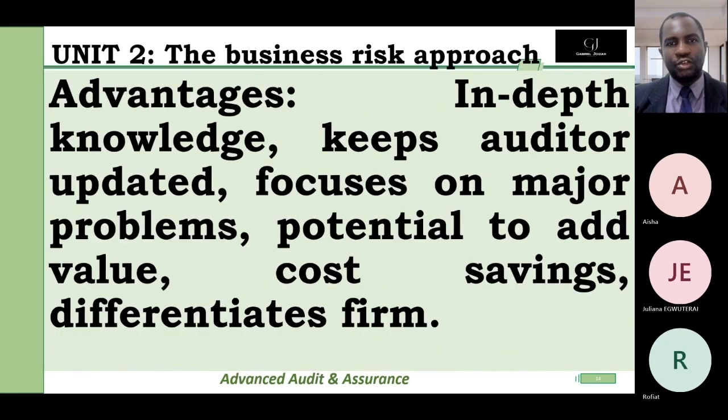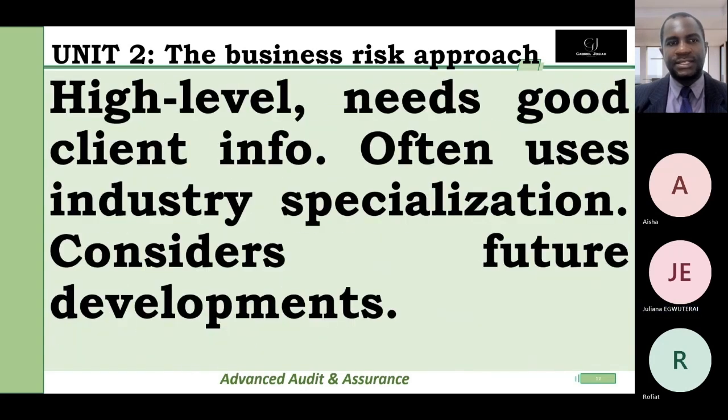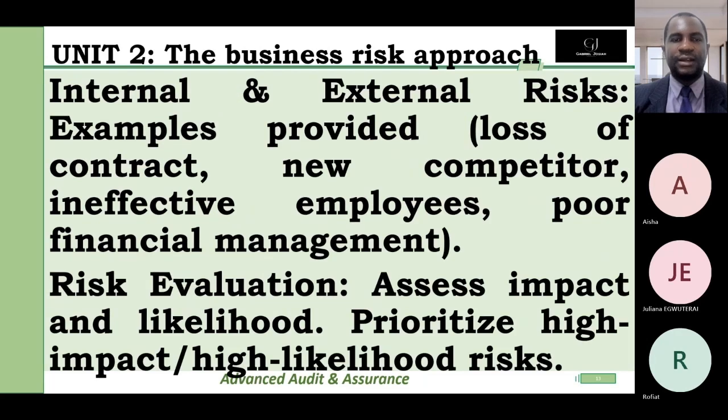Okay, so speaking to the internal and external risks that may bedevil a company, we're looking at examples like loss of a major contract, a new competitor in the market, ineffective employees, or poor financial management. These are risks you could assess during your audit work. The loss of a major contract that brings a major part of the company's revenue would impact the financial statements and their outcomes.